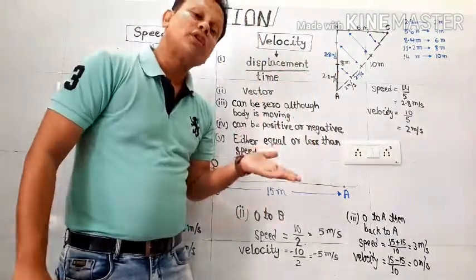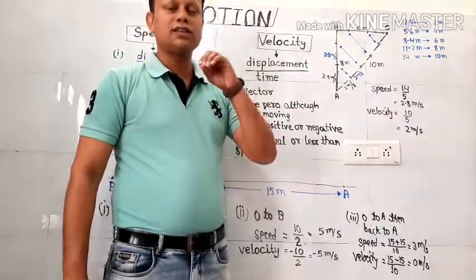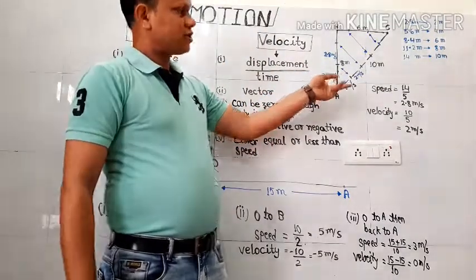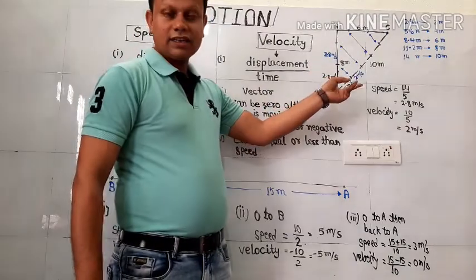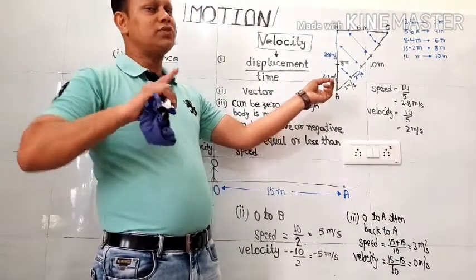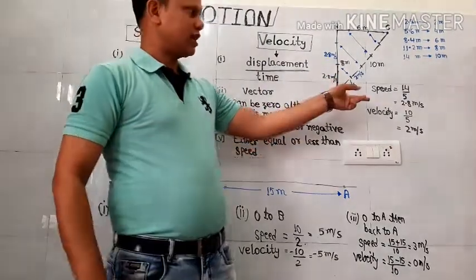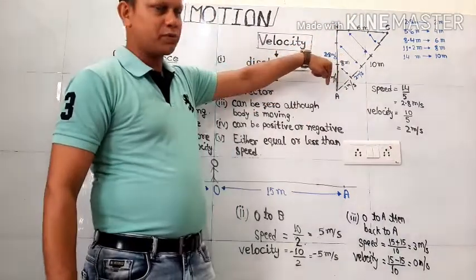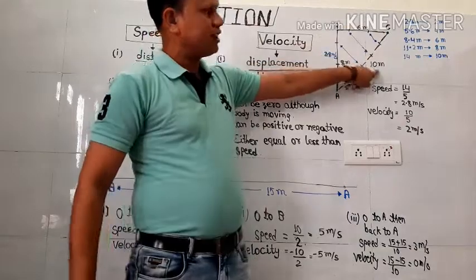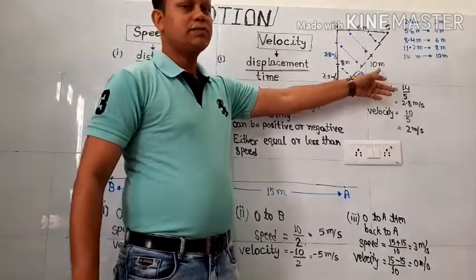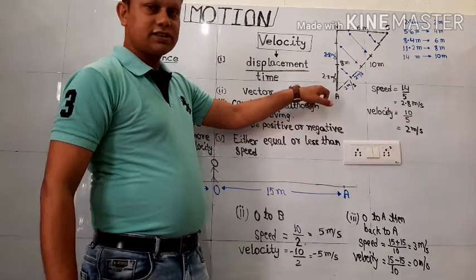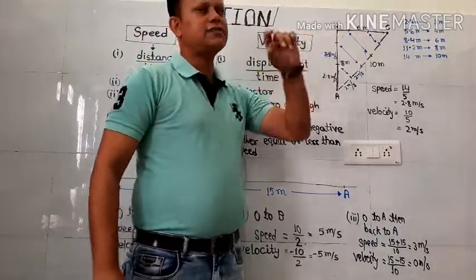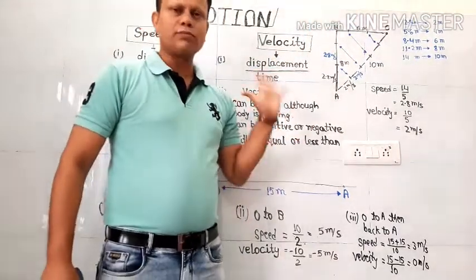According to the previous concept of distance and displacement, what is the value of displacement here? That will be the shortest distance between initial and final position. If it is 8 and 6, then according to the Pythagoras property, this whole length will be 10 meter, and that is the value of displacement. And for distance, we measure the actual path, and that is 8 plus 6, that is 14 meter. That we have come to know.